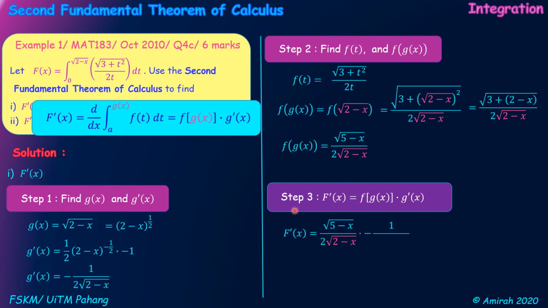Alright, after that we can use this formula. Under step 3, F prime x equals f(g(x)) times g prime x. So our F prime x equals, we replace f(g(x)) by square root of 5 minus x over 2 times square root of 2 minus x, and then we replace g prime x equals negative 1 over 2 times square root of 2 minus x.